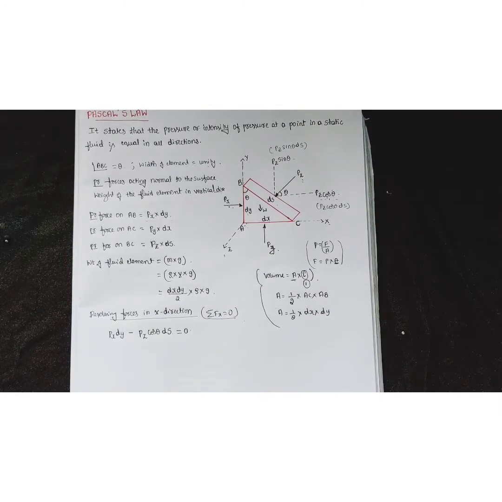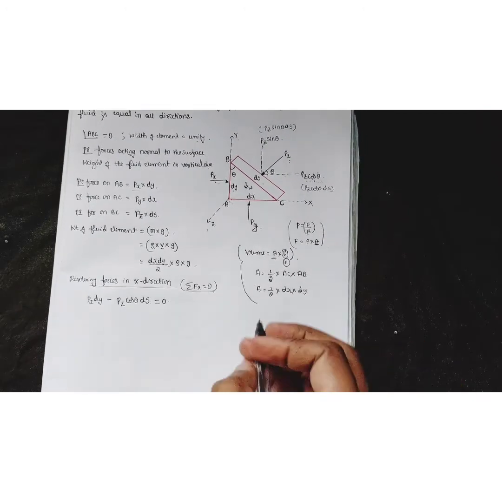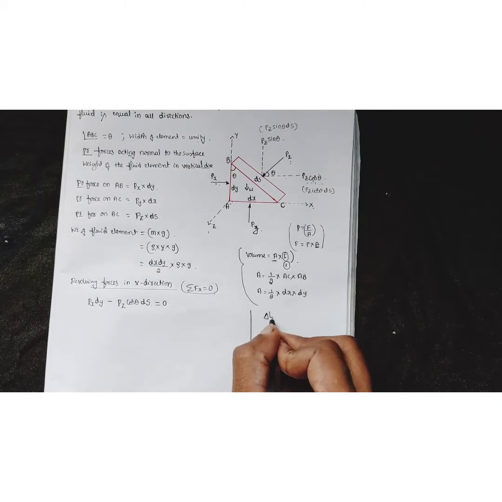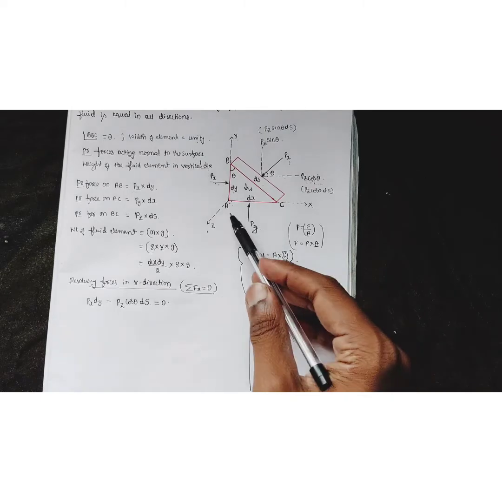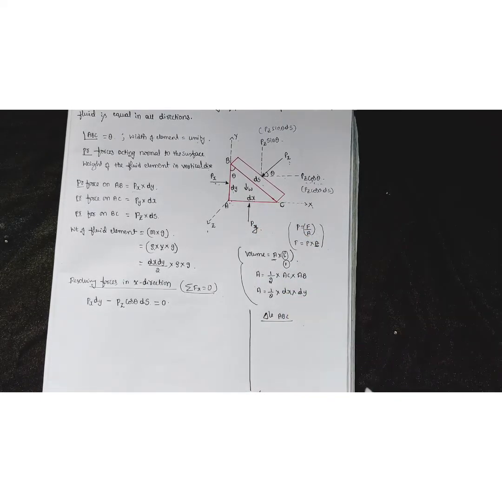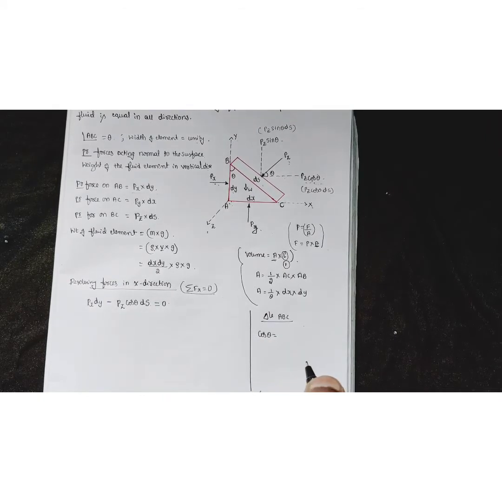Now it is very important to simplify this. I'll take the triangle ABC, since we are considering a wedge-type element. From triangle ABC, we need to find cos theta and sin theta.